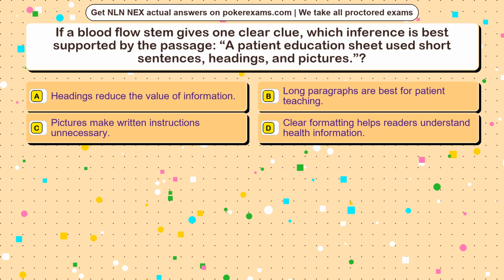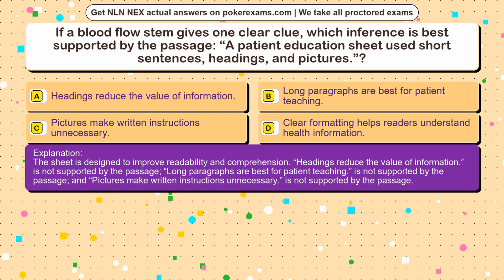The correct answer is option D. The sheet is designed to improve readability and comprehension. Headings reduce the value of information, is not supported by the passage. Long paragraphs are best for patient teaching, is not supported by the passage. And pictures make written instructions unnecessary, is not supported by the passage.